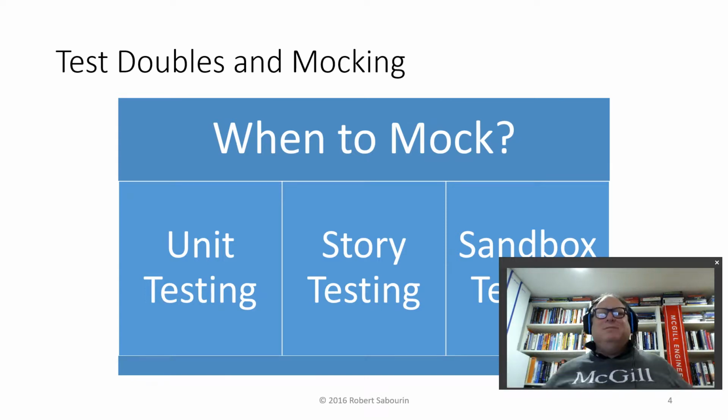Why not? Just mock external stuff. So unit testing, very handy. Story testing, when you have external services, it's very handy. So if you have external services or objects that are running on different servers and you want it to run quickly, you might use a mock object for that.